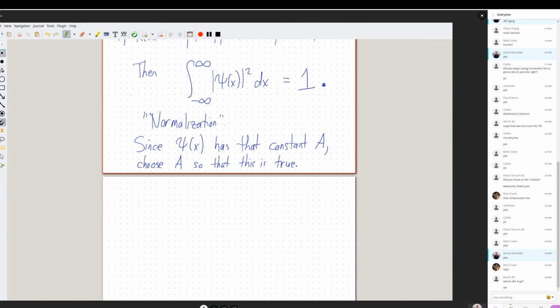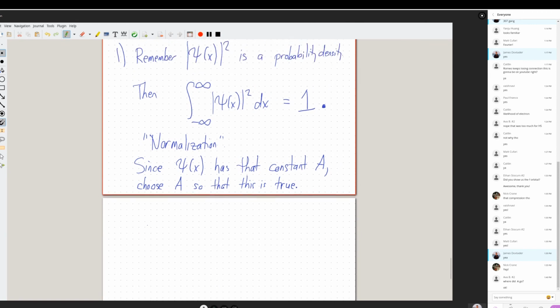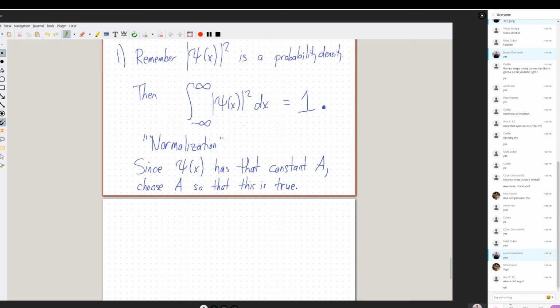What this does mean, though, is that if this integral is infinite, if when I do that integral without the constant in I get an infinite answer, then no constant a will make the normalization come out to be 1. And that tells you that it can't be a physical solution.